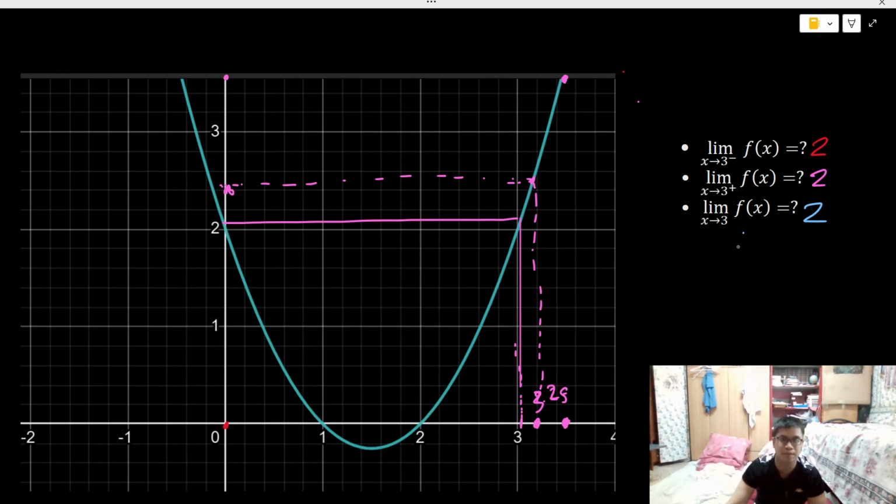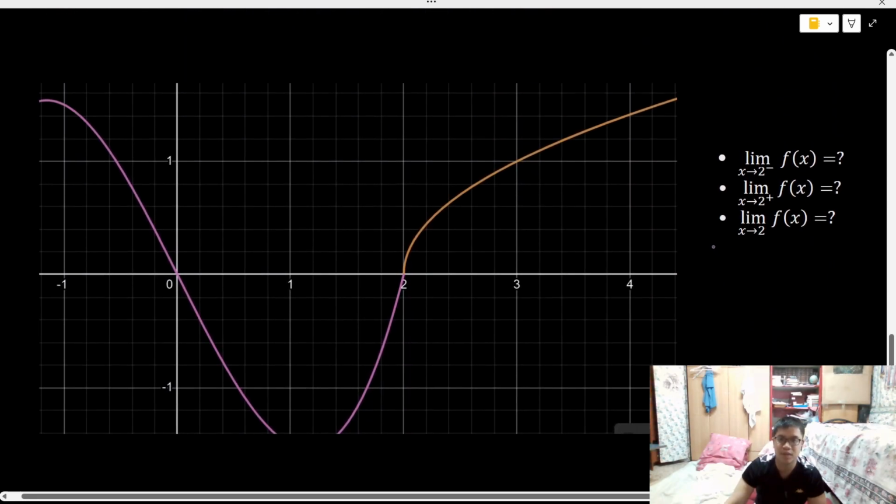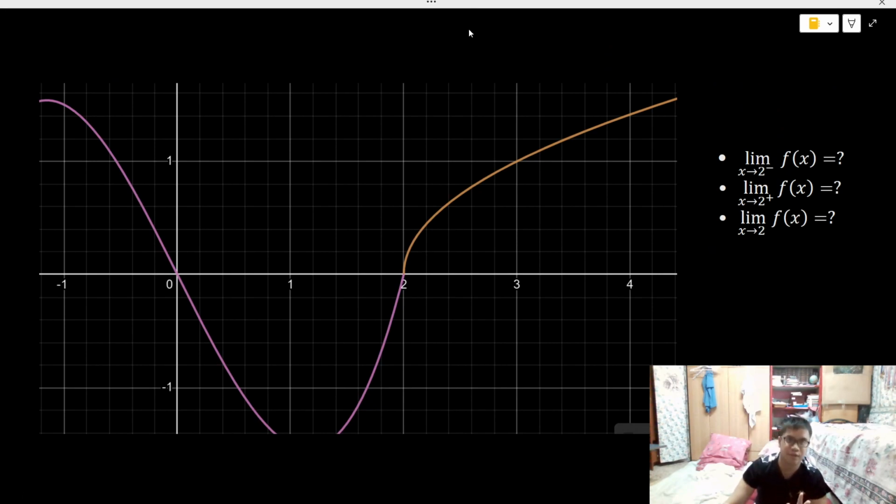That's it. Now, how about this one? The limit of f of x as x approaches 2 from the left. Let me just use this color instead. If I put 1 here, 1 would be here. But let's just say 1.5, midway to 1 and 2. It's actually here, which is closer to negative 1.